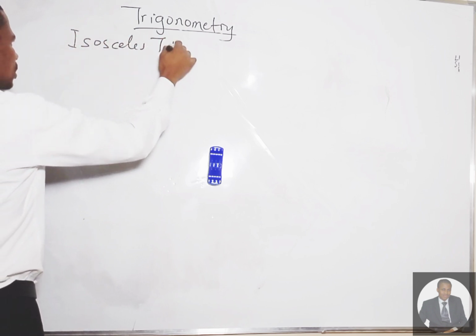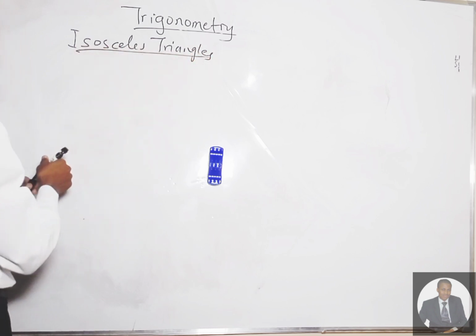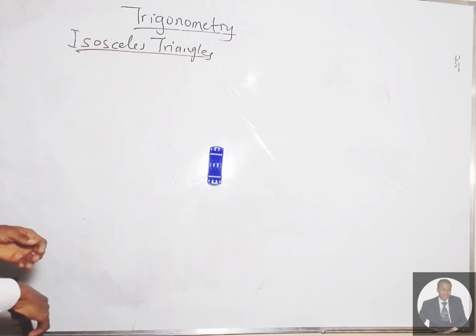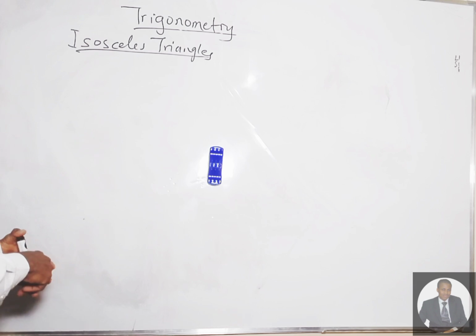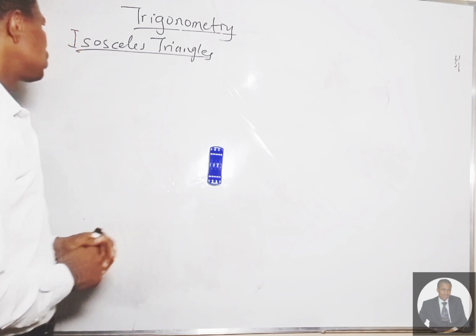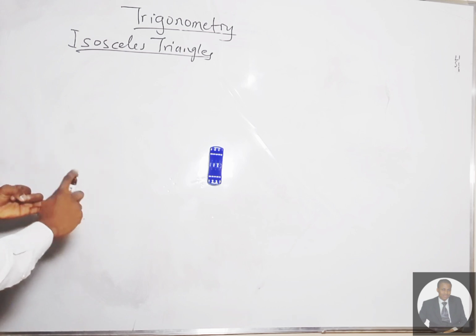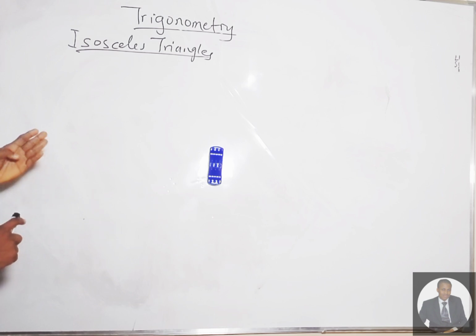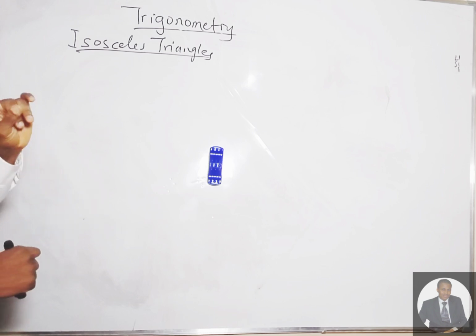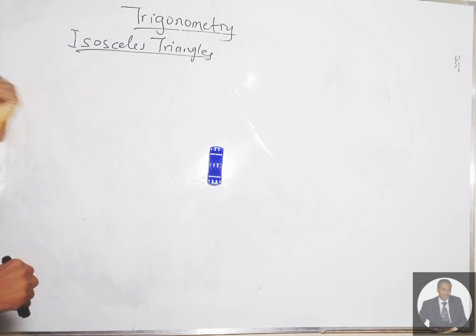Today we're going to talk about isosceles triangles. In the last class we dealt with some theorems. Number one, the sum of angles in a triangle is 180 degrees. Whatever triangle, whether right angle, isosceles, scalene, or equilateral, the sum of angles in that triangle is 180 degrees.